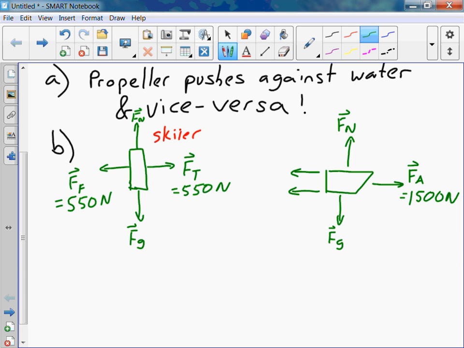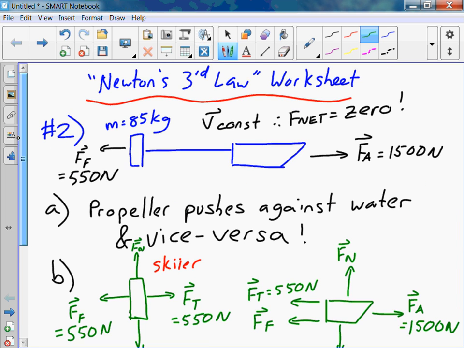Which one of them, Stephen? Tension. Good. The equal and opposite tension that's acting on the skier. And even though it doesn't tell you in the question, there still is friction acting on the boat. The reason I know that is because F net has to equal 0, so the total friction has to be more than 550 newtons, or else there would be an acceleration.